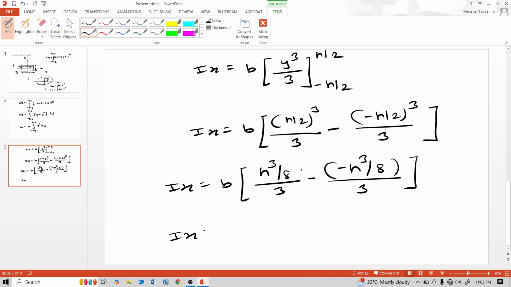Therefore, the moment of inertia about the x-axis is b into h cube by 24 minus minus h cube by 24.